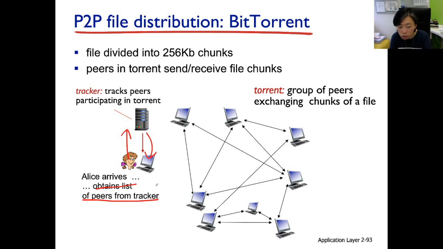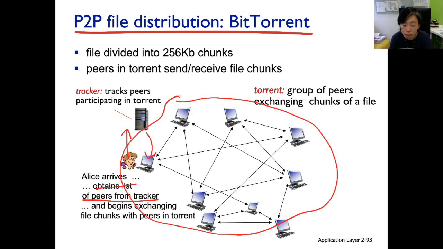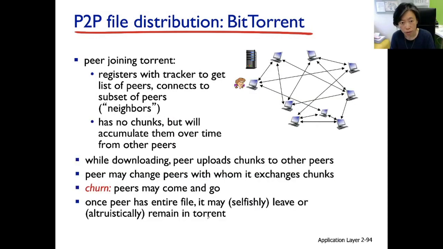This is the initial set of peers that Alice will connect to. Once Alice is connected to the torrent, she can explore other peers and establish connections to them. So the tracker is there to bootstrap the initial joining process.